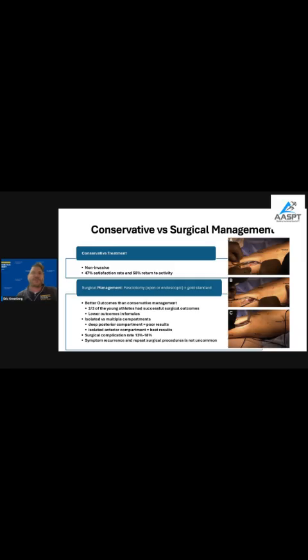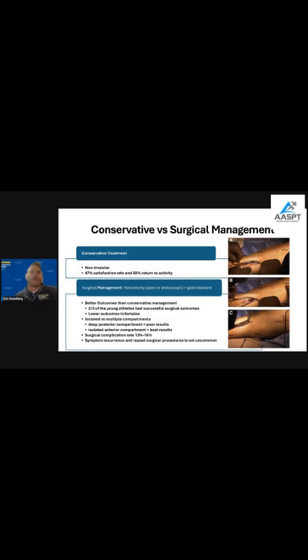We weighed the positives and negatives of both. Conservatively, it has its benefits. It's obviously non-invasive. The only problem is that the outcomes for conservative management are not very high. Only about half will be satisfied with their result, because only 50% will be able to return to their prior level of activity.